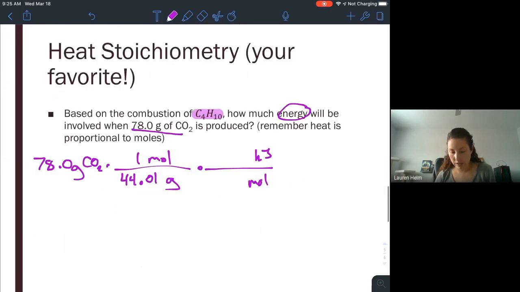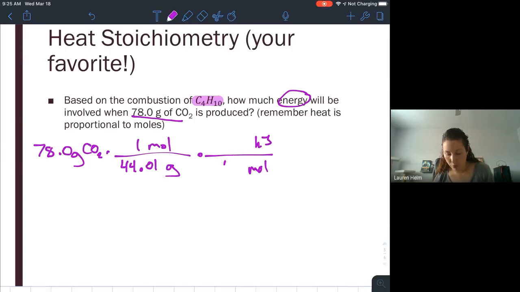So what we're going to do here, there are 4 moles, the coefficient of CO2, for every 2,877.6 kilojoules of heat energy. It is proportional to the number of moles. Once we're here, go ahead and pause and try this on your calculator. Check that you can get the same answer as me. I'm going to go ahead and get my calculator out right now.